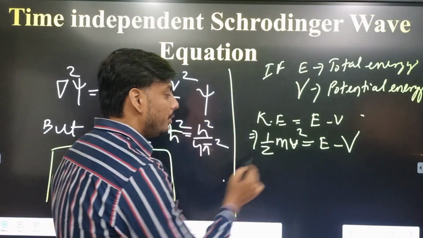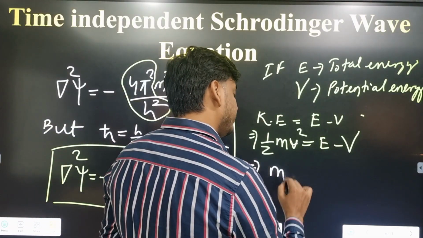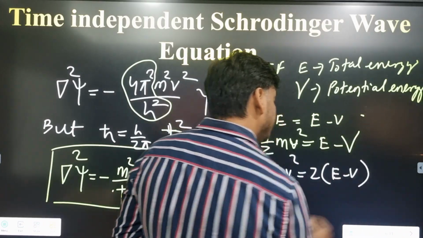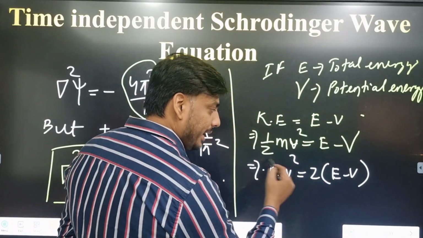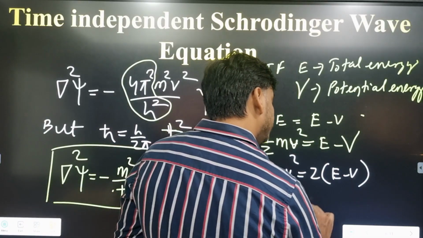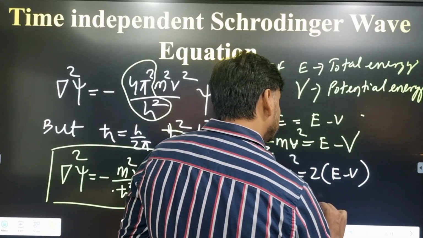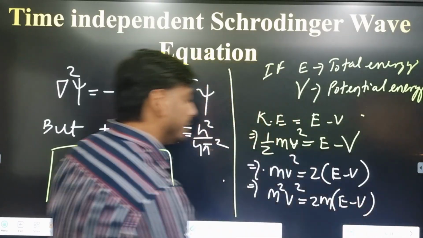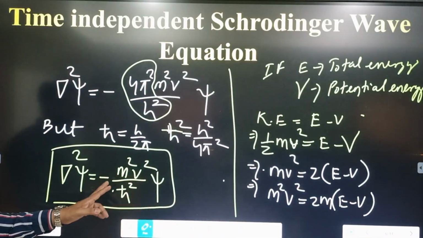So if we multiply by one m here, this is m v square equal to 2 into E minus V. If we multiply one m here, this will be m square v square equal to 2m into E minus V. So you have to just use that here.